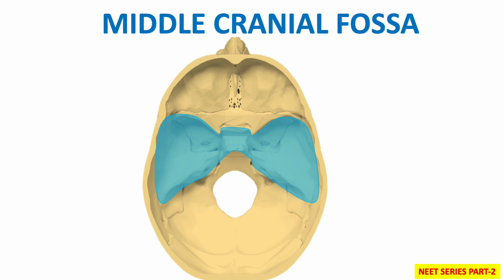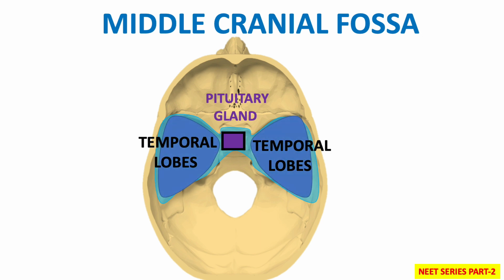As the name suggests, this is located in the middle or centrally in the cranial floor. This middle part of the cranial cavity, known as the middle cranial fossa, is located between the anterior and the posterior cranial fossa. As you can see, it is somewhat butterfly shaped, and the middle part accommodates the pituitary gland, and the two lateral parts accommodate the temporal lobes of the brain.